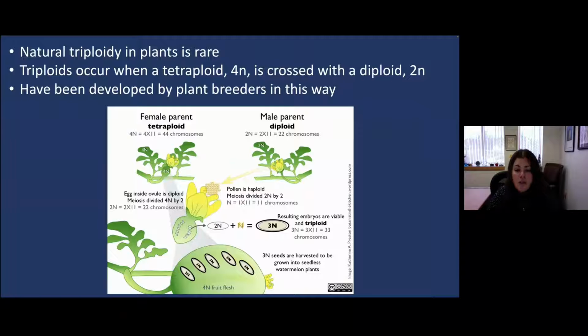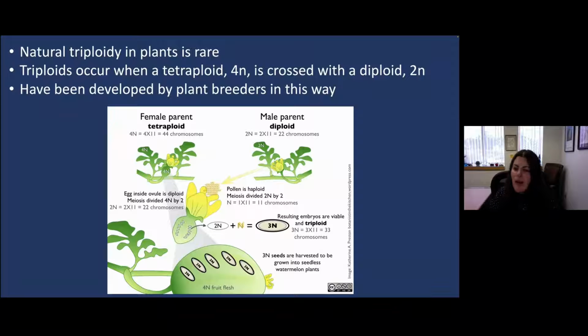So natural triploidy is pretty rare in the wild. It can occur when you have a plant species that is both tetraploid and diploid, and those tetraploids and diploids are growing together. You can get natural triploids. But you can also develop them in the lab or in the research greenhouse by crossing tetraploid and diploid plants.